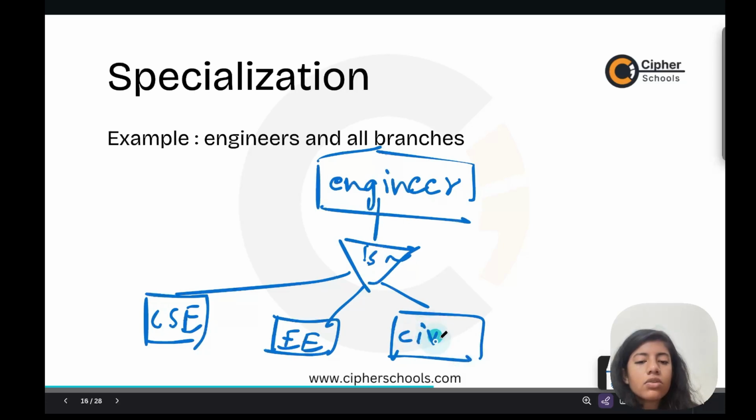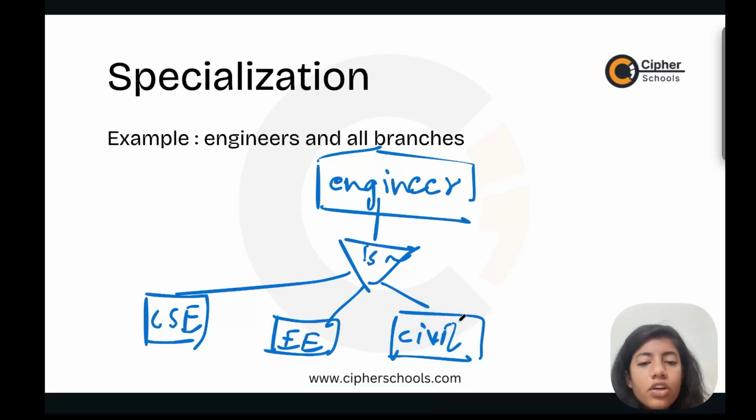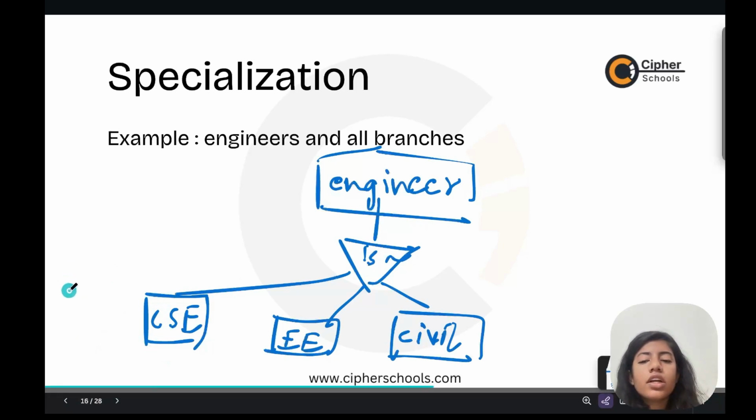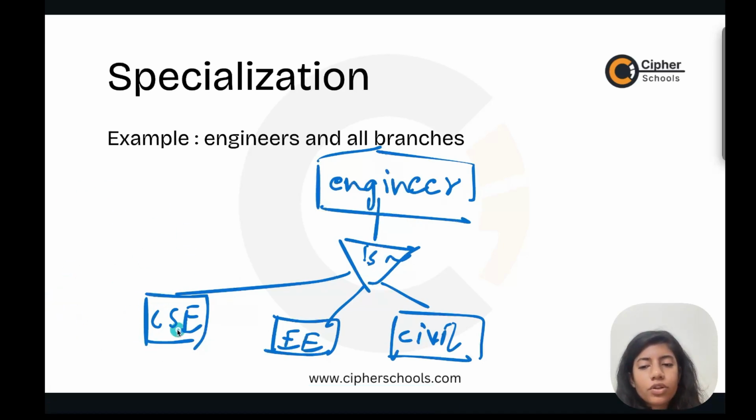So this is how we divided our general entity of engineer into different branches. Now we can have different subjects in all the specific entities, and then we can grade it according to that particular branch. And we can have the common attributes such as name and roll number or university name in this particular general entity.